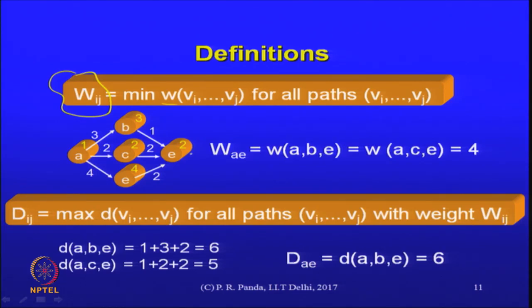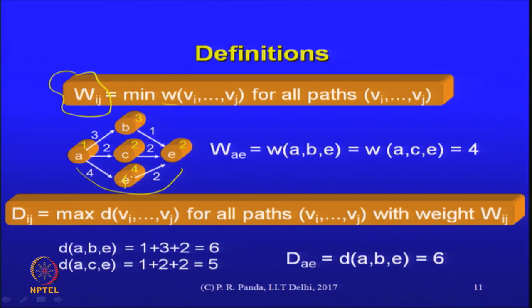Each of them has a path weight, right. ABE has a path weight which is 3 plus 1, ACE has a path weight, this would be some F or something. So, there are 3 paths. The capital Wij is the minimum of those path weights.